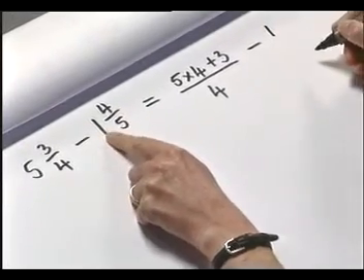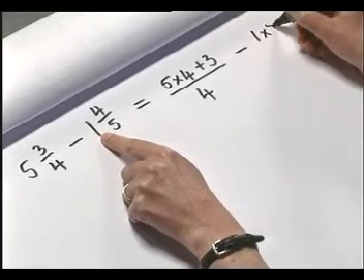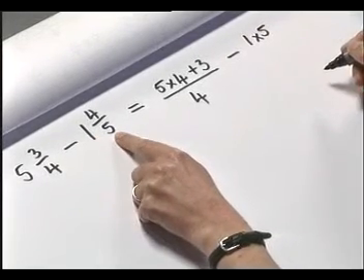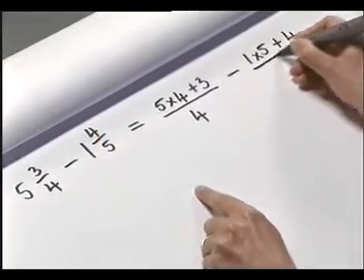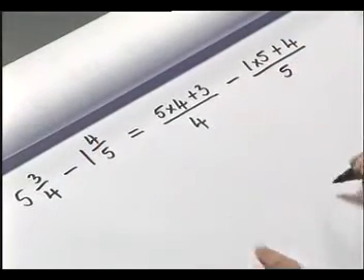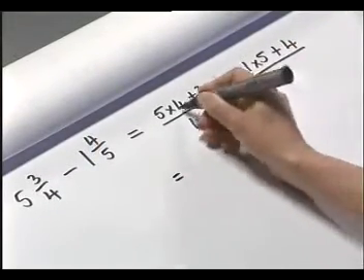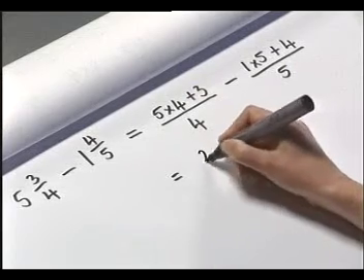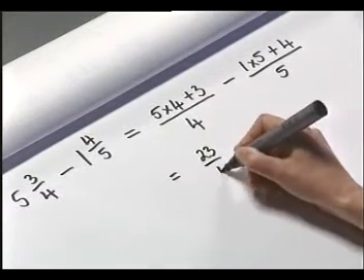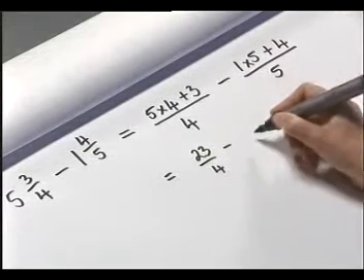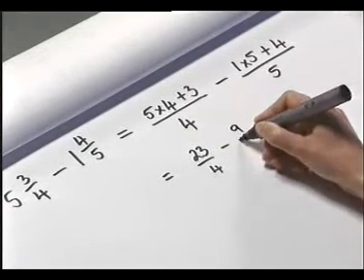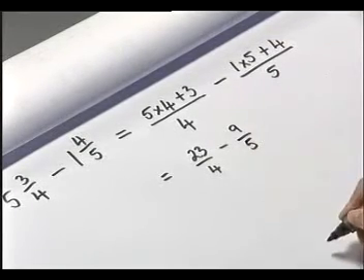So 1 multiplied by 5, that's how many fifths are in a whole one, plus the 4, and that's how many fifths we have. 4 5s are 20, plus 3 is 23 quarters. Take away, once 5 is 5, plus the 4 is 9 fifths.